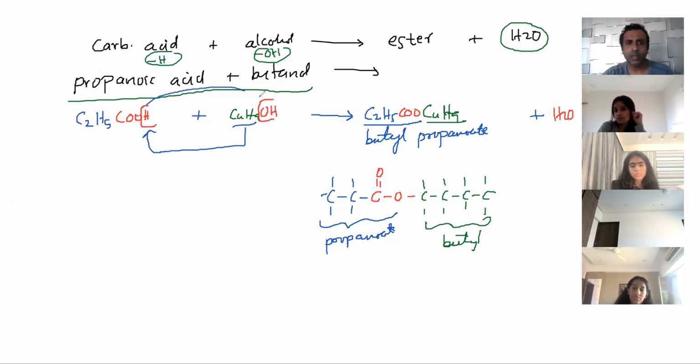And then the displaced H and OH will form water. Okay. So if I give you different esters, will you be able to, first of all, figure out which acid and which alcohol is used and then write the reaction and the structure? Can you do that? Yeah.